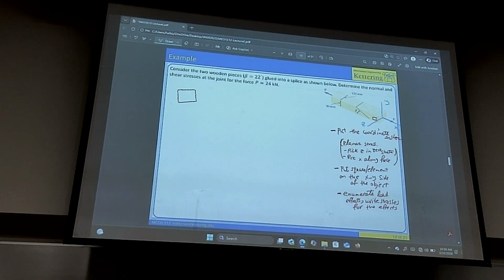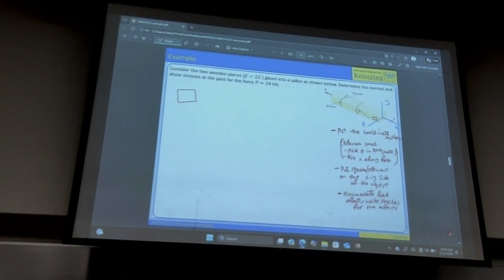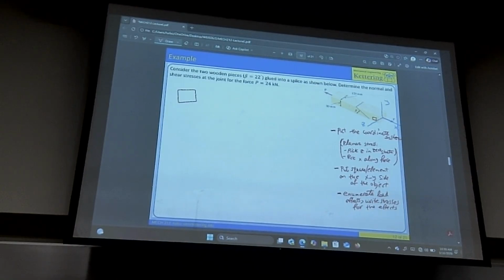All right, Dylan, let's enumerate the effects. Look at the force P. It's applied at the centroid, at the center. So what kind of stress do you expect when you pull? Tension. Give me please the equation for that. That's the easiest stress type. When you pull or push, F over A. Sigma equal to F over A. In what direction is that?